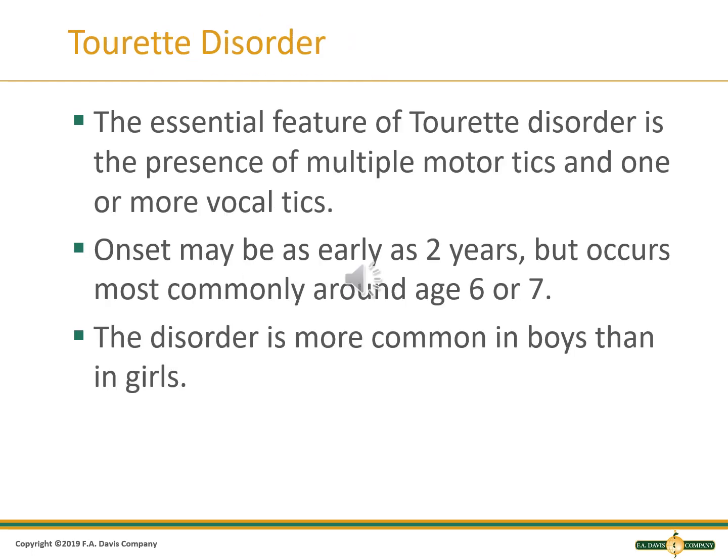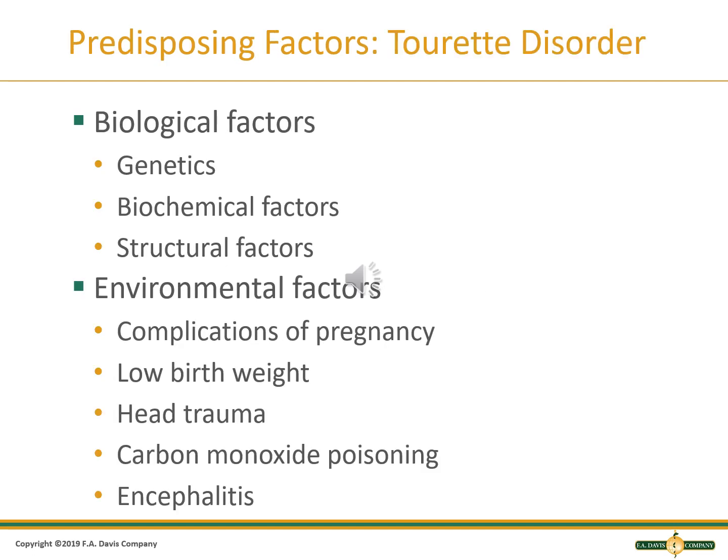Tourette's disorder. The essential feature of Tourette's disorder is the presence of multiple motor tics and one or more vocal tics. Onset may be as early as 2 years old, but occurs most commonly around the age of 6 or 7. The disorder is more common in boys than girls. Predisposing factors to Tourette's disorder.